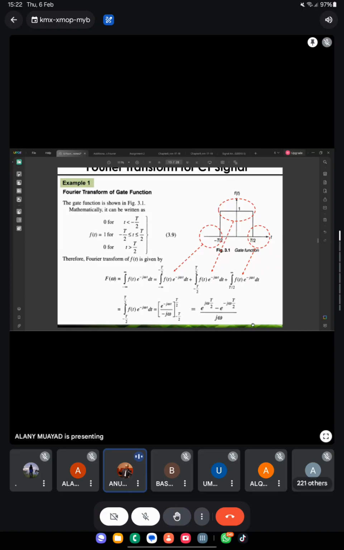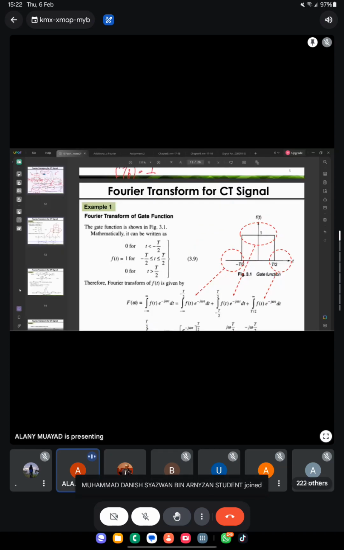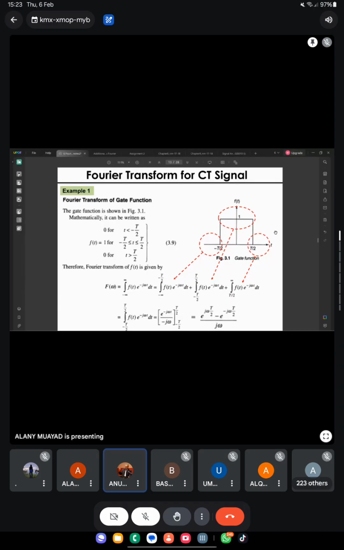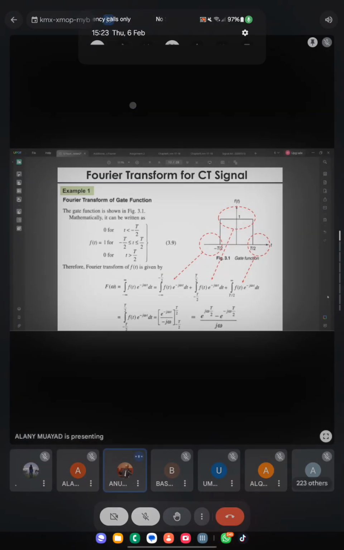Which slide? Which page? I think it's page number 13. Fourier transform for CT. Okay, this one, Fourier transform of a gate function.